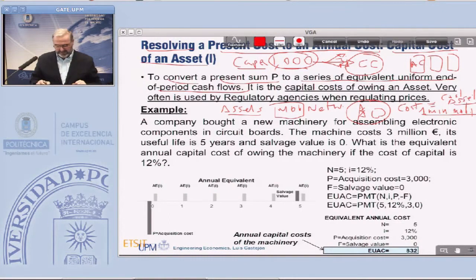And of course, as for example Vodafone is investing in this mobile network, the regulator considers in its calculation not only the cost of the asset, but also the cost of capital of Vodafone. Because Vodafone has another option to invest its money.